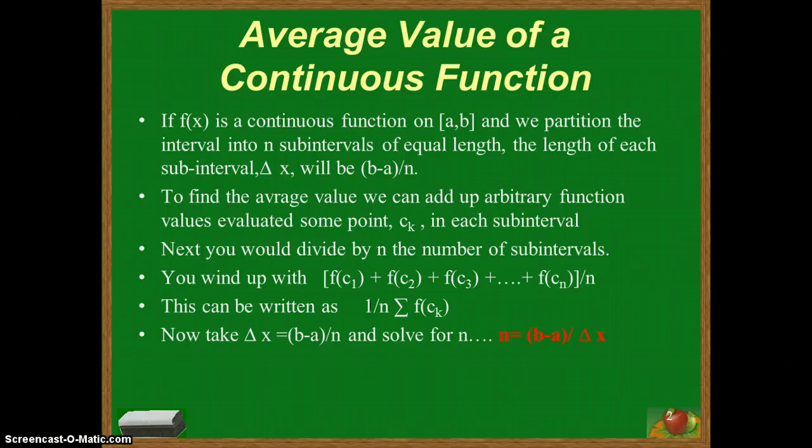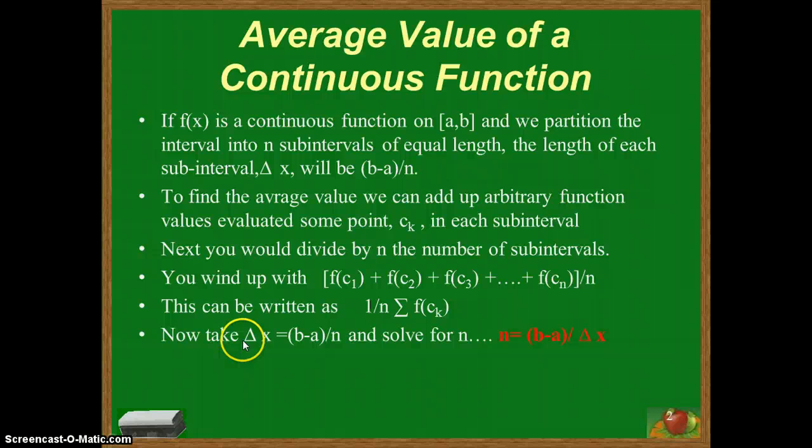Mathematically, what you end up with is f of c1 plus f of c2 plus f of c3 all the way to f of cn, divided by n. This can be written in summation form as 1 over n times the sum of f of ck, with k equals 1 on the bottom and n on the top of the summation sign. Sometimes that's hard to do with our existing technology.